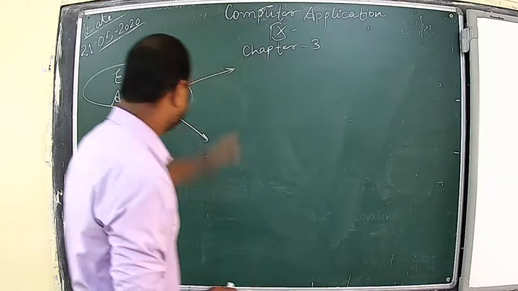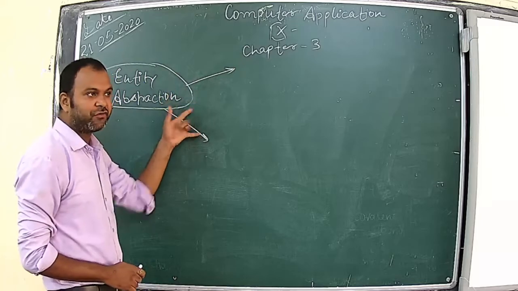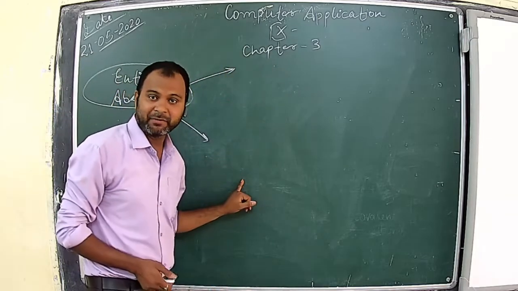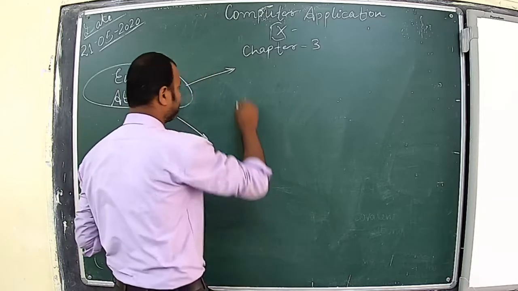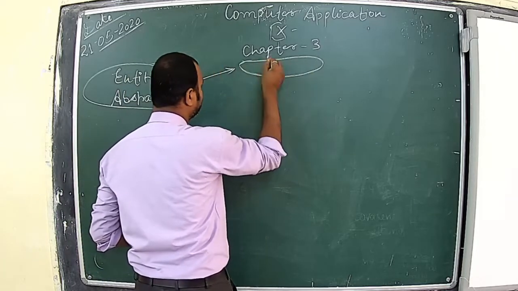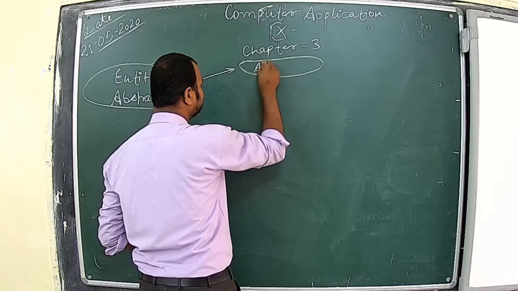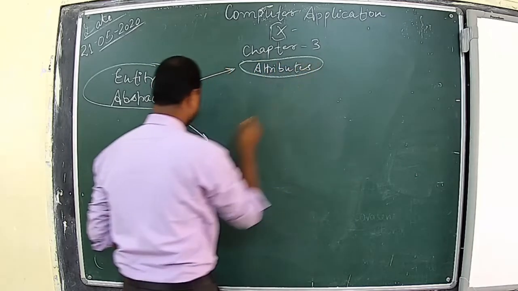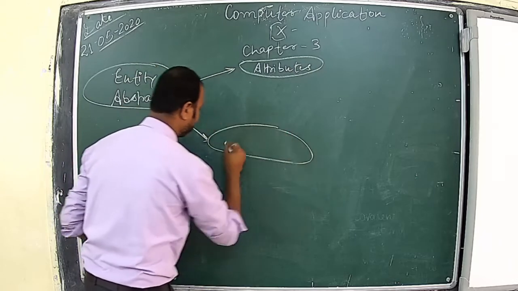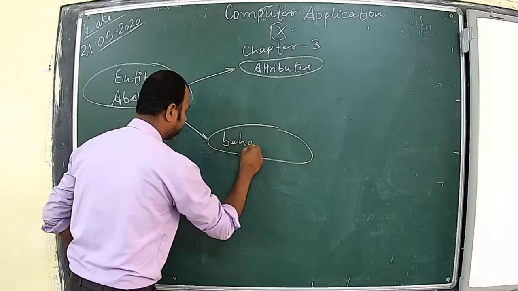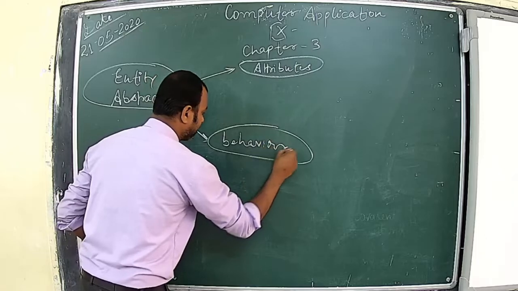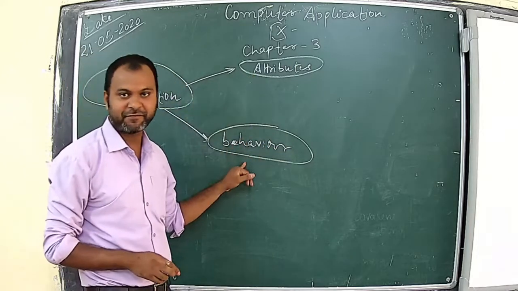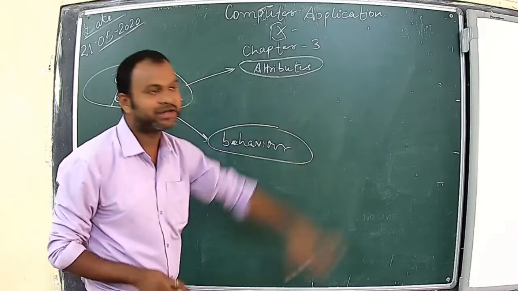So these two real world entity aspects can be implemented in software terms by data members and member functions. So here we write attributes, and here we can write behavior, because an object will have some attributes and behavior, and these two would be implemented in software terms.